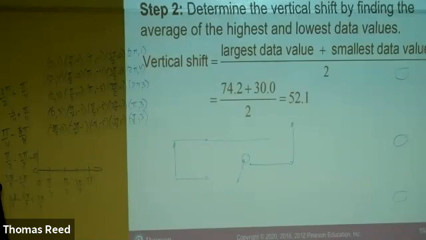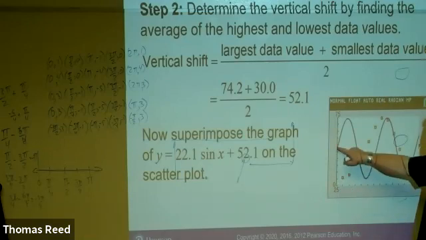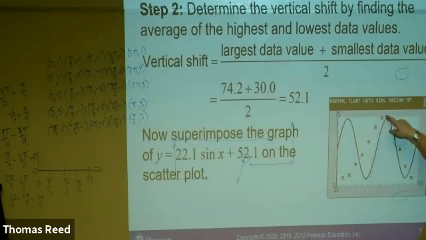So that's going to be 4.2. No, I had to divide this by 2. Okay. Which is what I got. Yeah, the 52.1. Okay. And so they throw that in there, and notice it shifted upwards, and so the high value matched this high value.